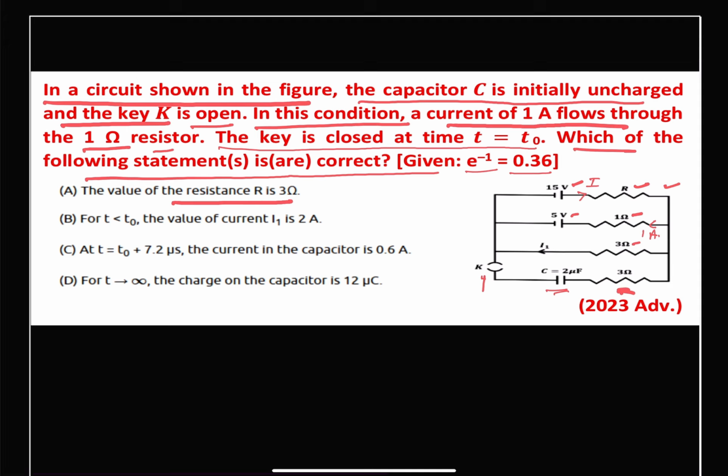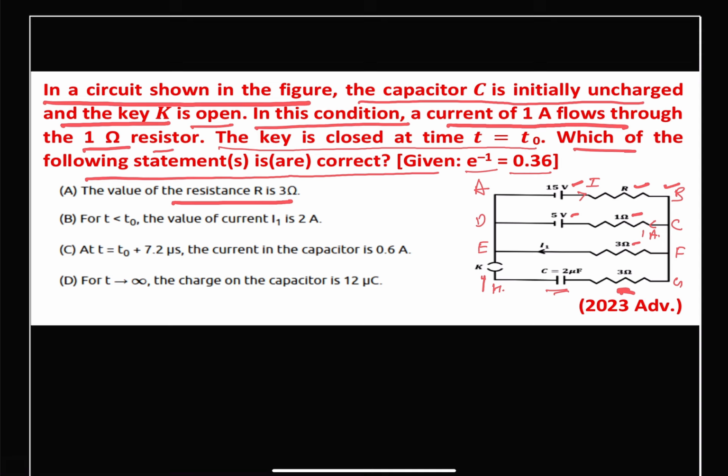Let me name the points A, B, C, D, E, F, G and H. So current in arm AB, we say it is I ampere, and we are already given that current in arm DE is 1 ampere.